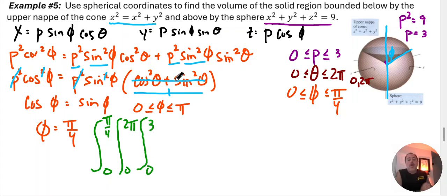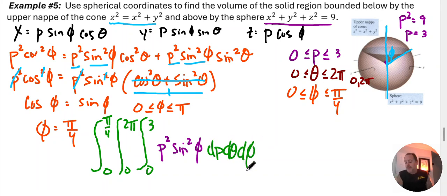We have to remember, guys, that when we're doing conversions of spherical, we have to add every single time a rho squared and then a sine squared phi. So let's always remember that, right? We have to always put those in our equations. And then we're going to have d rho, d theta, d phi.